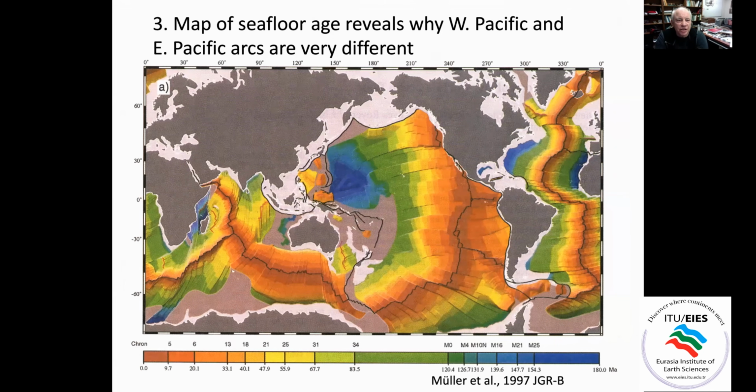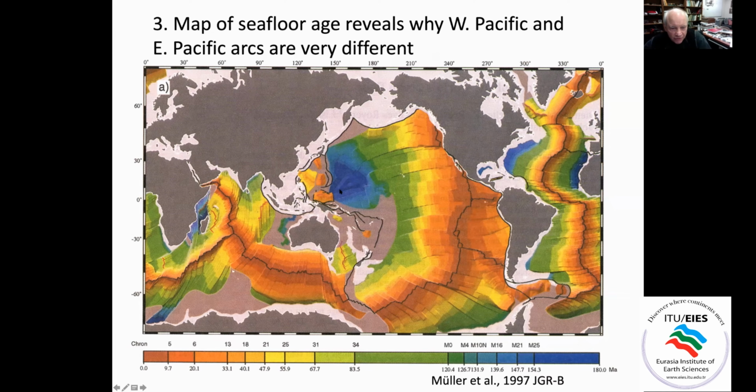Now, here we can see why the Eastern and Western Pacific convergent margins behave so differently. In the Eastern Pacific, against South America, you're subducting very young oceanic lithosphere. It's quite buoyant. In fact, you've entirely subducted the ridge up here off of California.